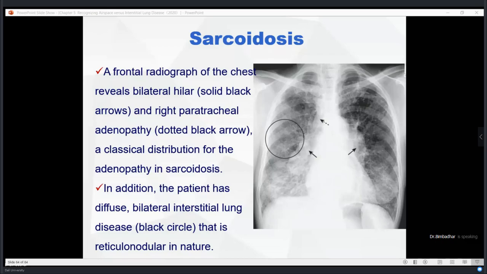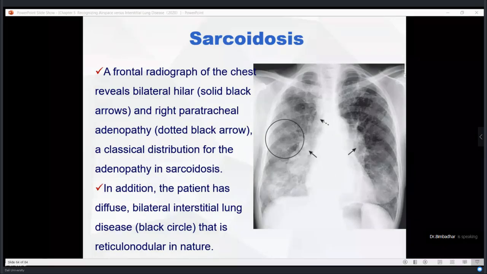So, extrapulmonary manifestations on radiology, involving the brain, and pulmonary manifestations on a chest x-ray, both correlating together, we can picture the patient as suffering from sarcoidosis.